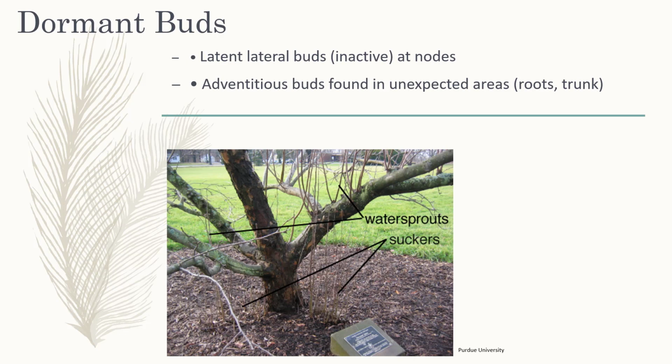Water sprouts are usually upright, developing from dormant buds on the trunk or the large branches of the tree. And in many cases, it's because you've over pruned a tree, or it could be a large amount of stress. And suckers are similar to water sprouts, it's just that they originate from the roots or the trunk below the graft union.